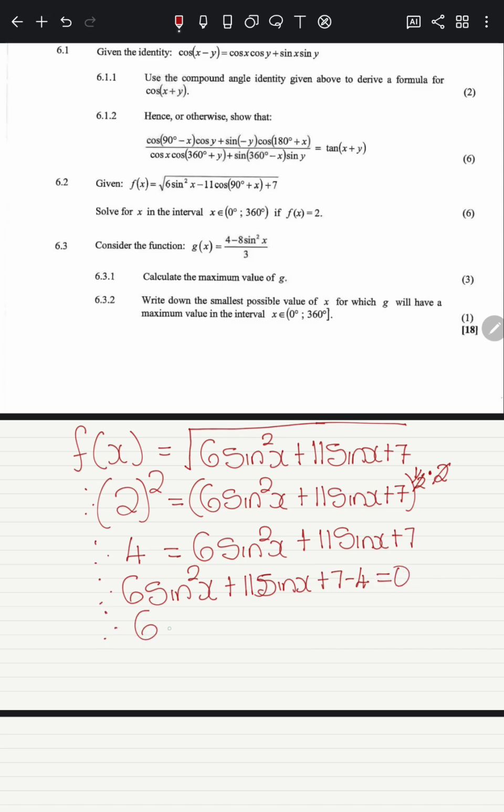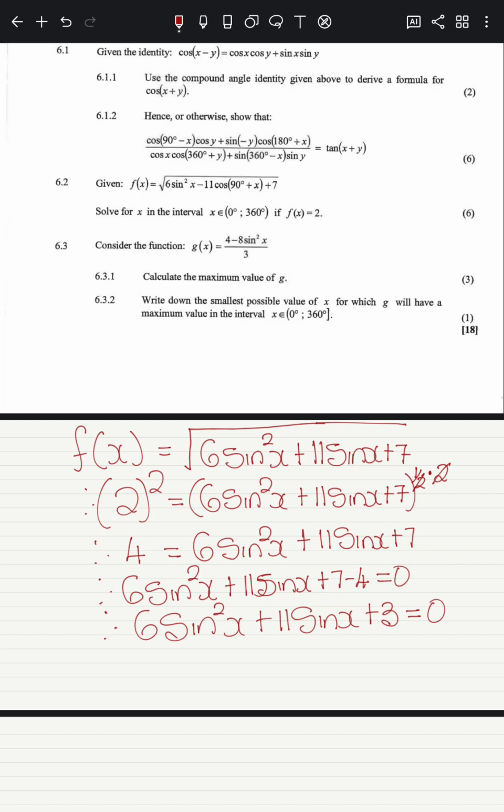Therefore, now I am having what we call the beautiful trinomial here. Then you can use the quadratic formula, or you can use factorization.